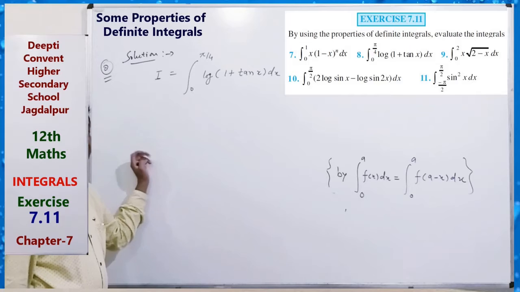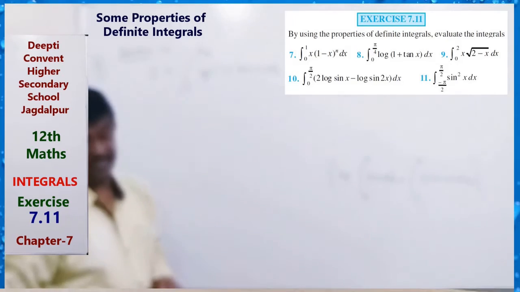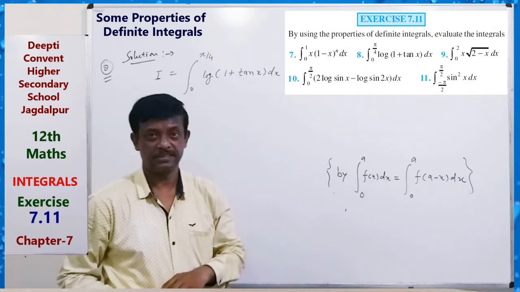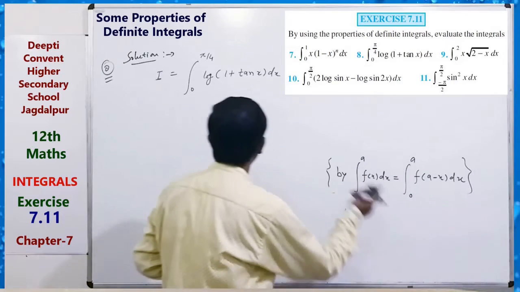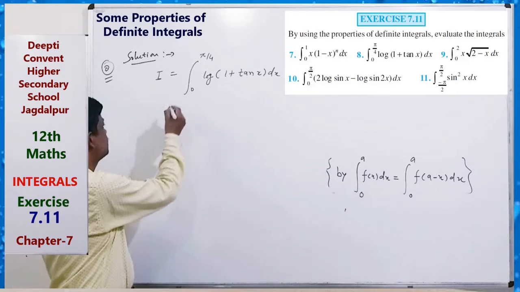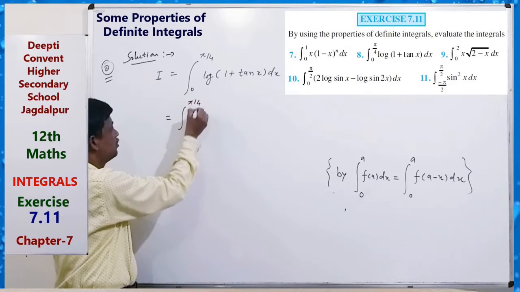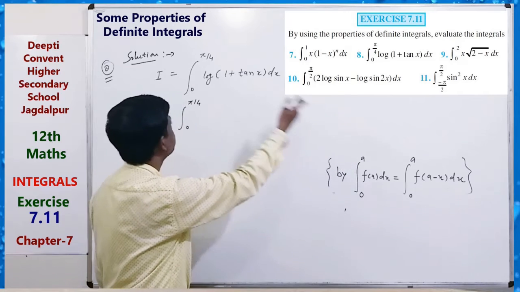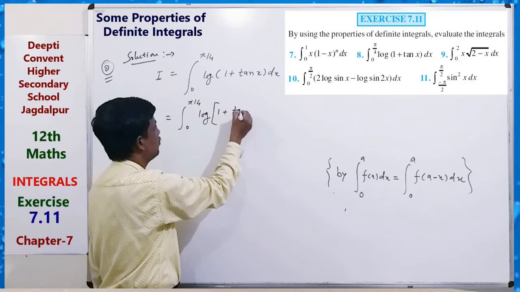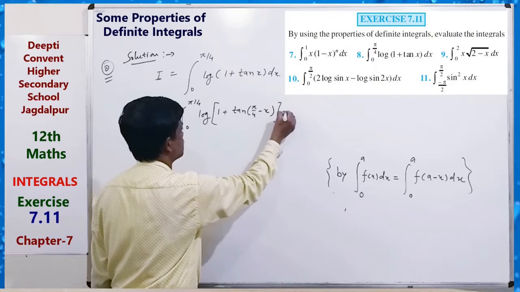Here we see that the integral from 0 to pi by 4 of log of (1 plus tan x) dx is given. Now we can solve it by using the property a minus x. So we can write, by using this property, log of 1 plus tan of (pi by 4 minus x) in place of x.